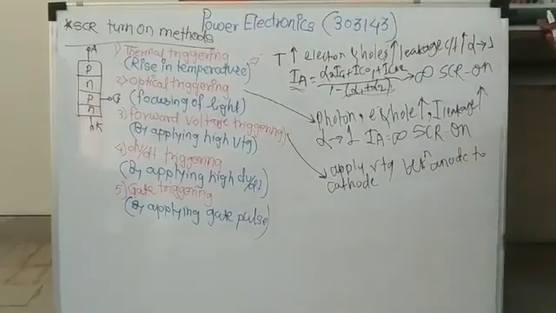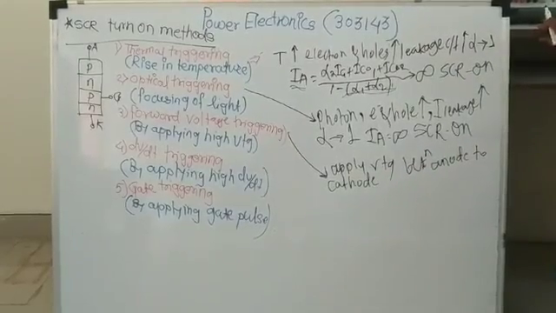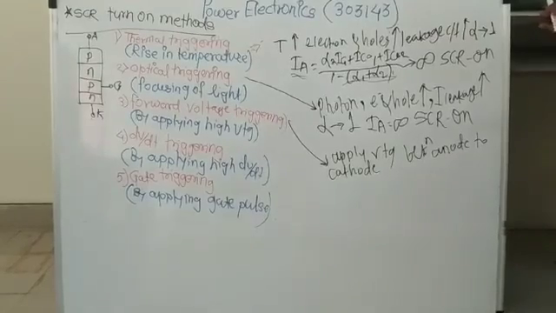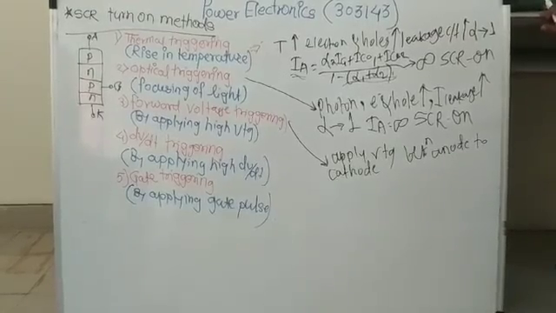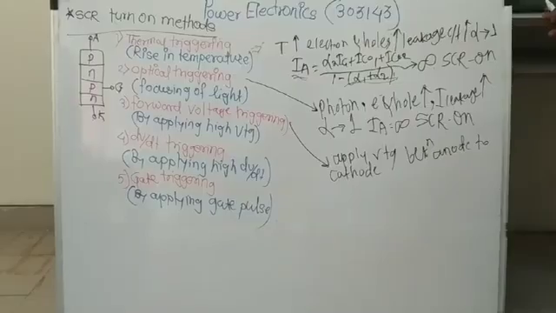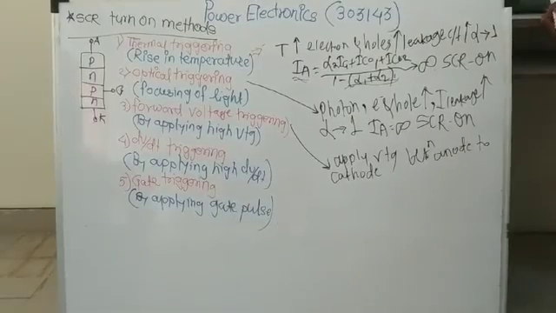Means we have to supply or apply the voltage between the anode and cathode terminals. We have to connect the battery. In this case, your gate is open. Only the supply or battery is connected between the anode and cathode.